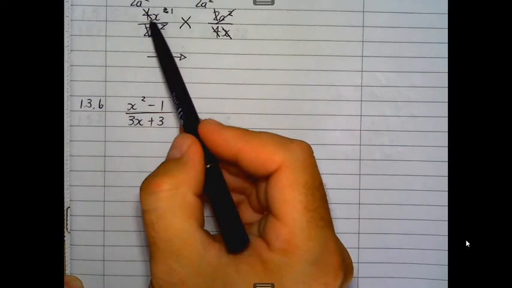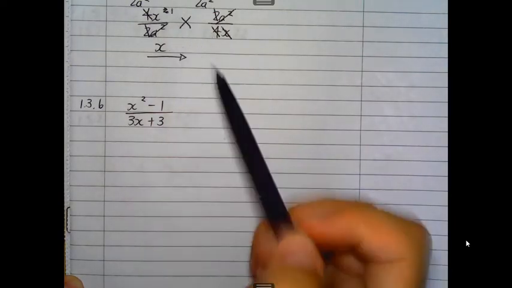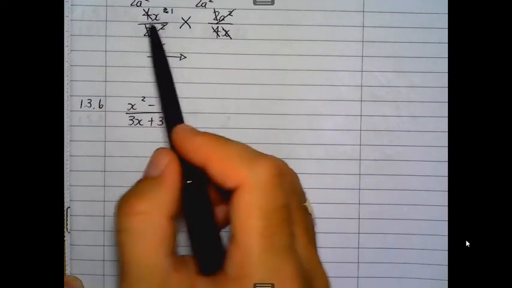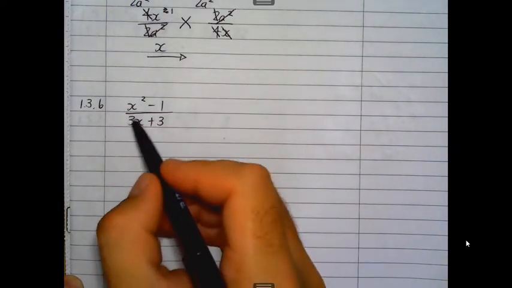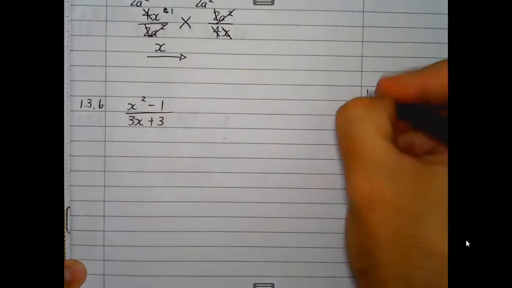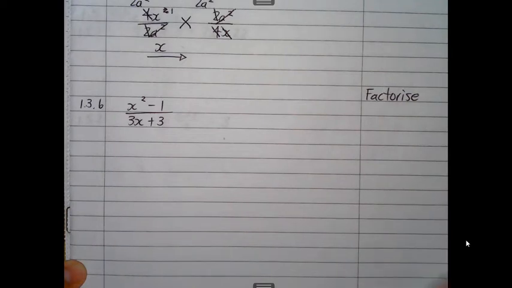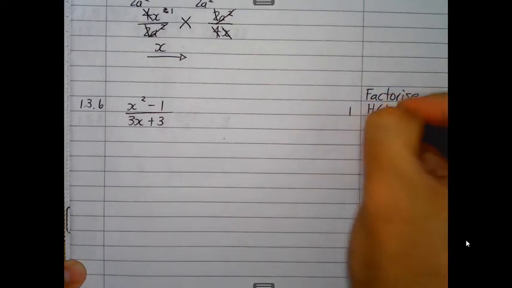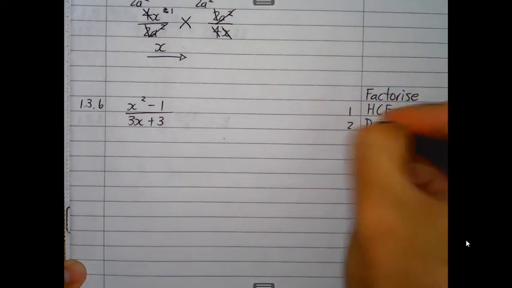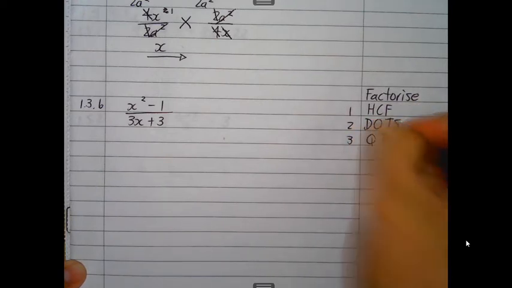The only reason I could cancel away in the previous question was because there was a multiplication. So we could cancel to our heart's content. Here, we're going to have to factorize first. I'm going to probably mention these methods again, but when we factorize, we can use highest common factor, difference of two squares, or quadratic trinomial.